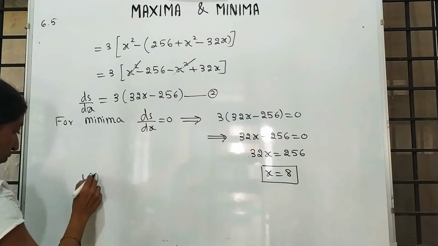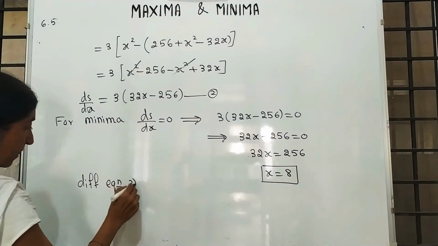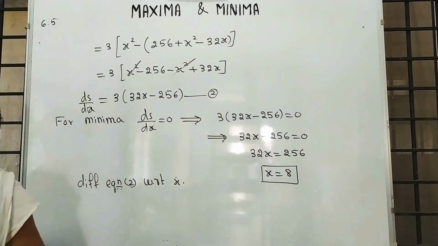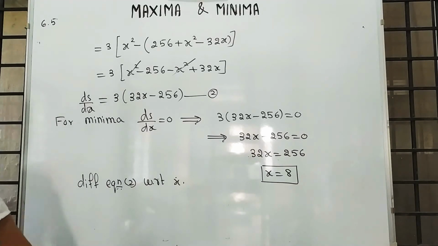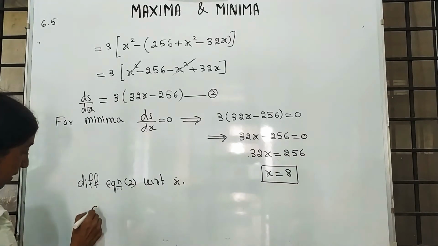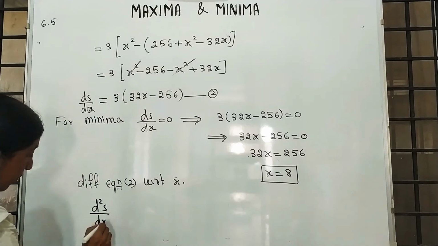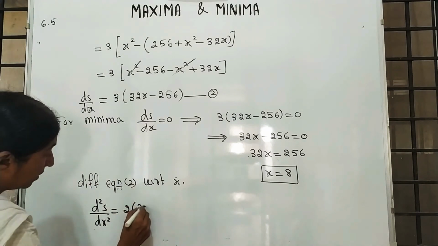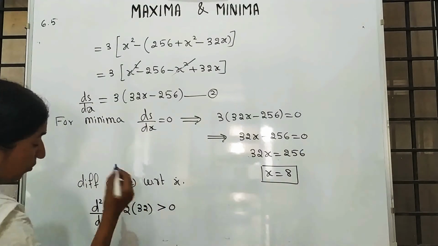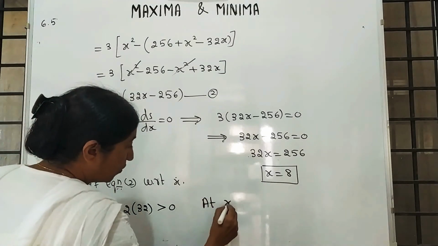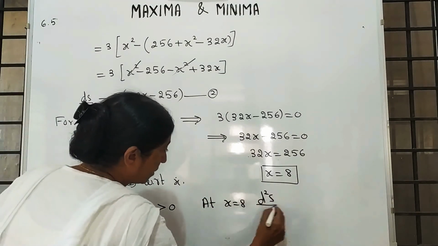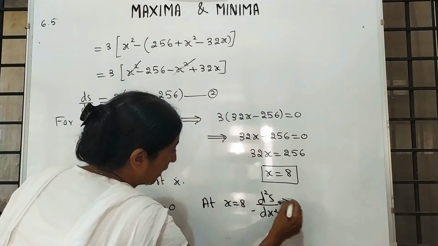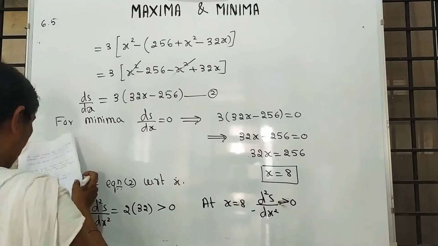Differentiating equation 2 with respect to x, what will be the answer? D square s upon dx square is 2 as it is, minus in the bracket 32x, it is 32. So it is greater than 0. At x is equal to 8, d square s upon dx square is greater than 0. The second derivative is greater than 0, so what is your answer?